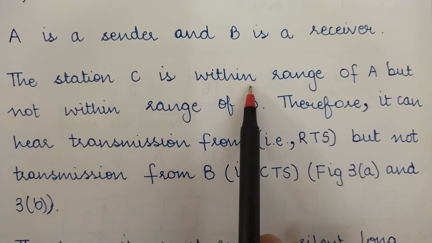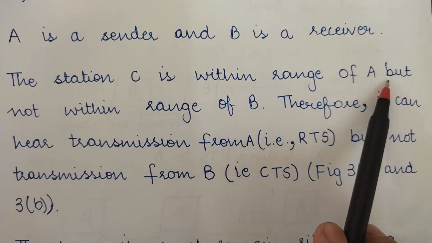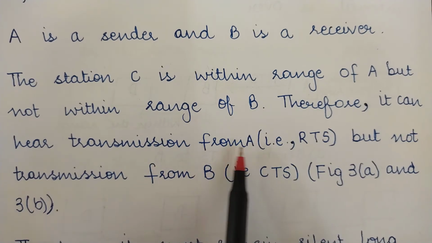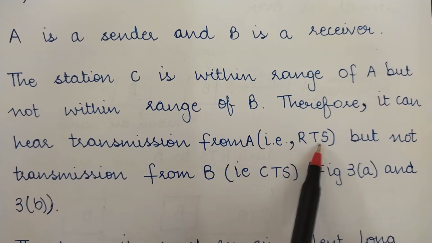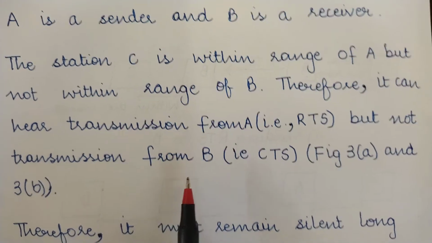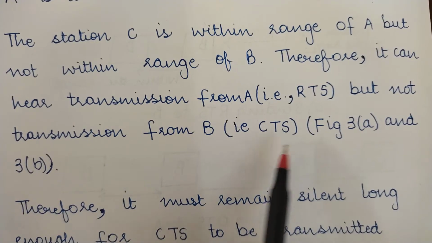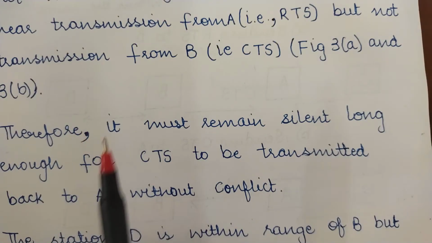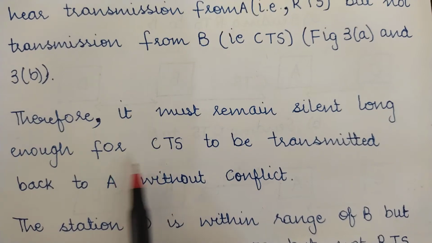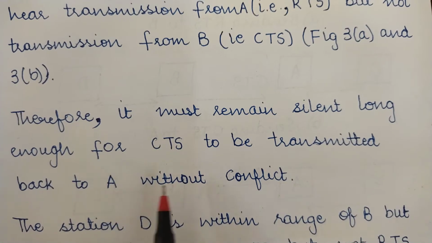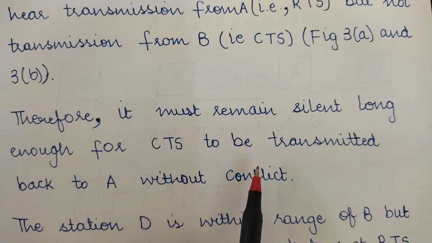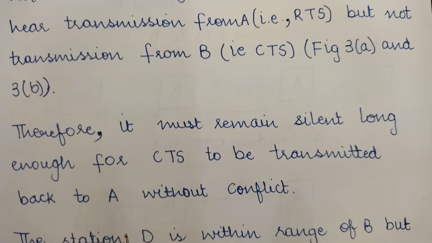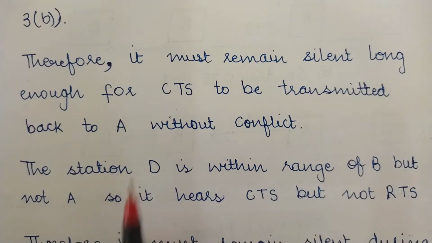Station C is within the range of A, as we have already seen in the diagram, but not within the range of B. Therefore, it can hear the RTS from A, but not the CTS from B. Therefore, it must remain silent long enough for the CTS to be transmitted back to A without conflict. So, until B sends the CTS back to A, C must remain silent.